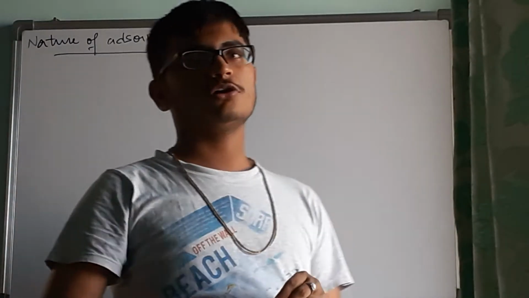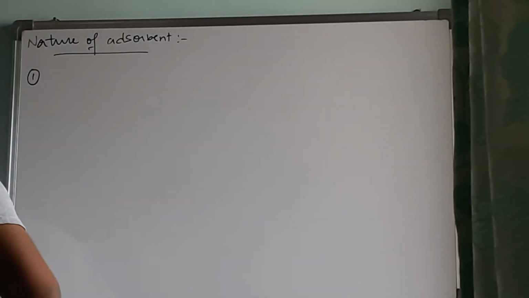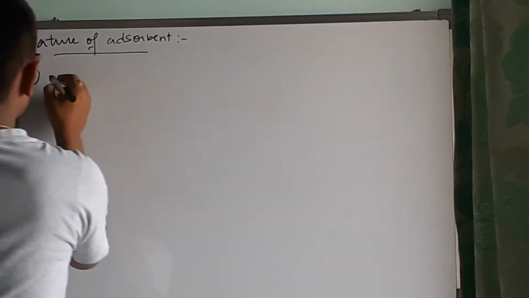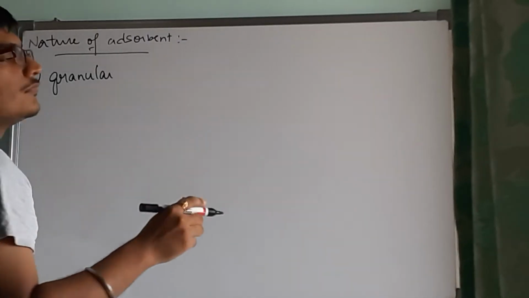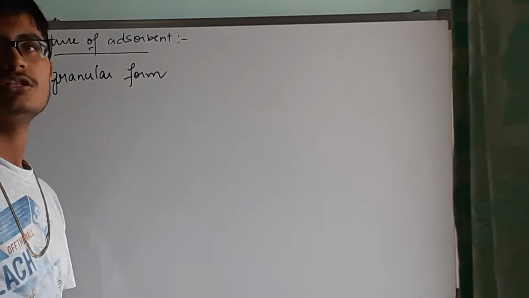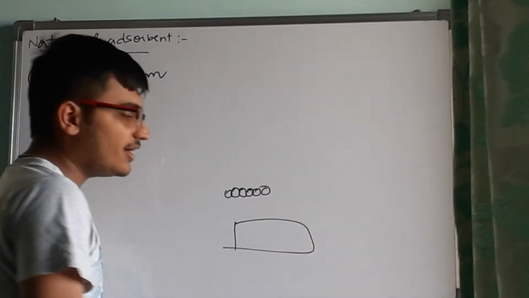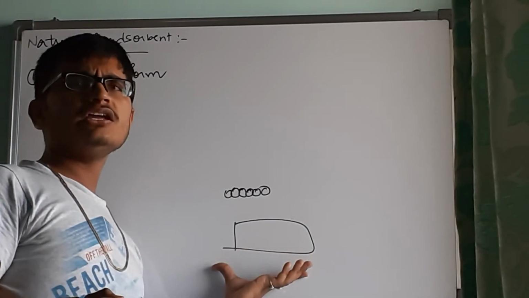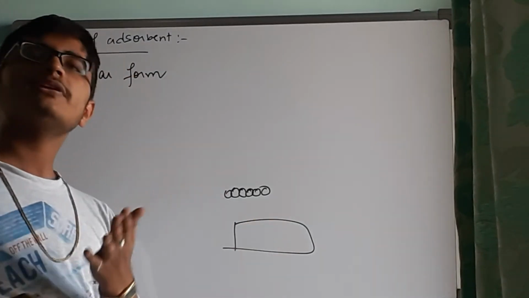Nature of adsorbent. First, it must be in granular form for proper separation. They should not be a stiff body, because if you have a steel or some other metal or solid body, the fluid will come in contact with it, but there will be no separation taking place.